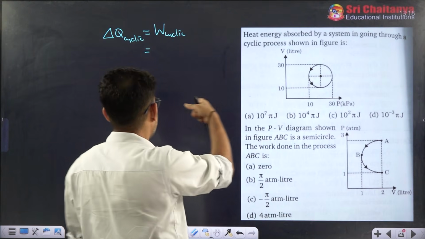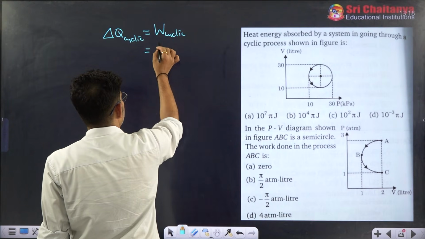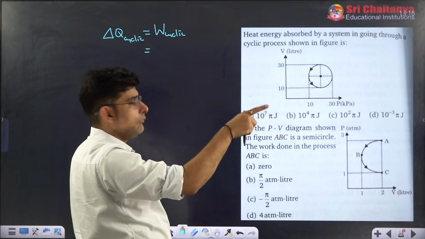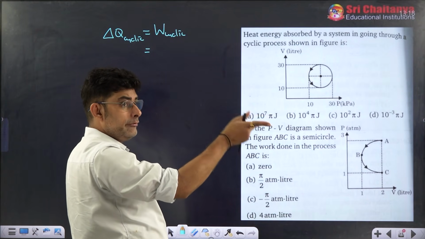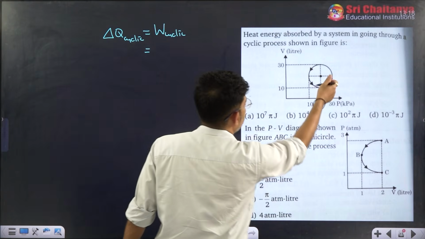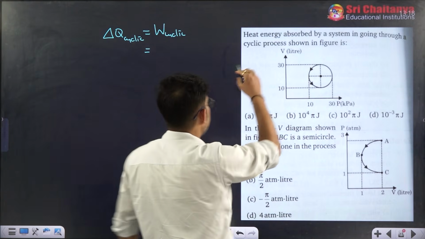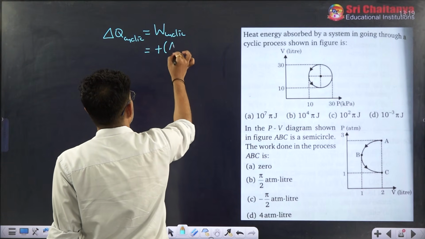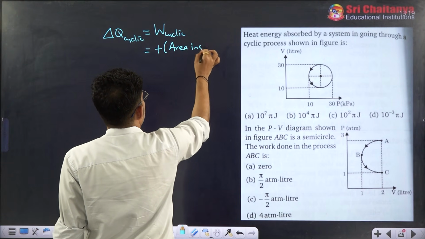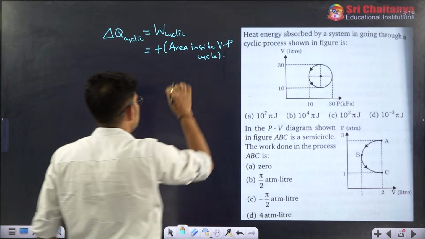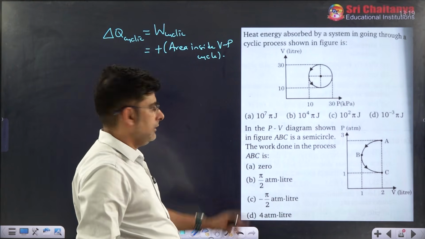I said if PV is given, a clockwise cycle has positive work done, and if VP is given, an anti-clockwise cycle is positive. So here they have given a VP graph, anti-clockwise, so you will write positive area inside the VP cycle. Now what we are getting is a plus sign, understood?